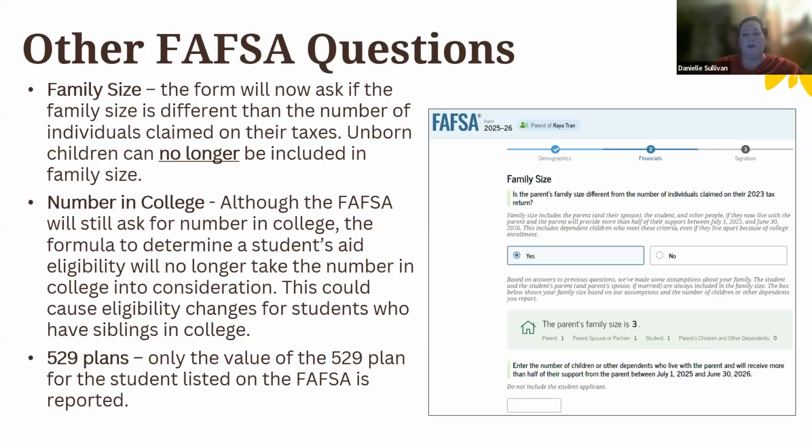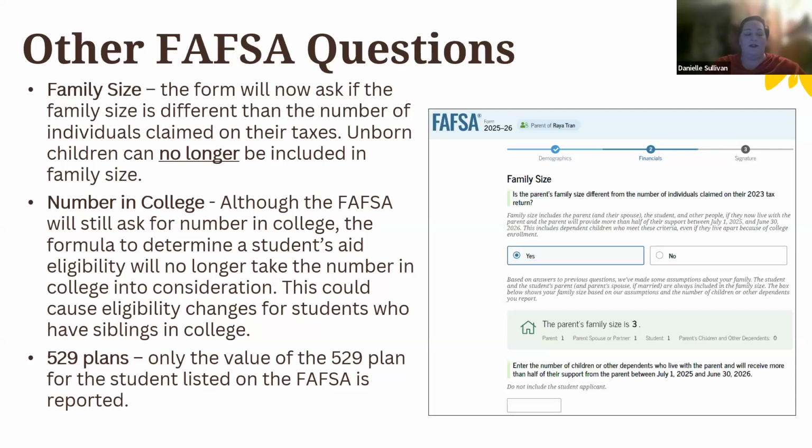And then it's going to pull over any dependents listed on the tax return. And then it'll add the tax filers listed on the form plus the dependents listed, and that will be the family size that will be pulled over from the direct data exchange. So if something has changed in that family size, then that is an opportunity for the parent to correct the family size. So if they click no, then they can report the amended family size.